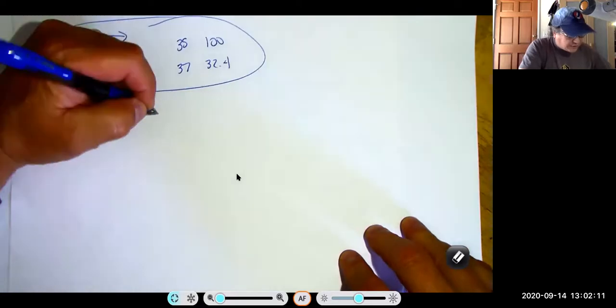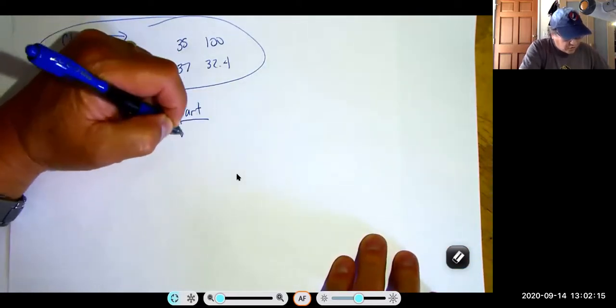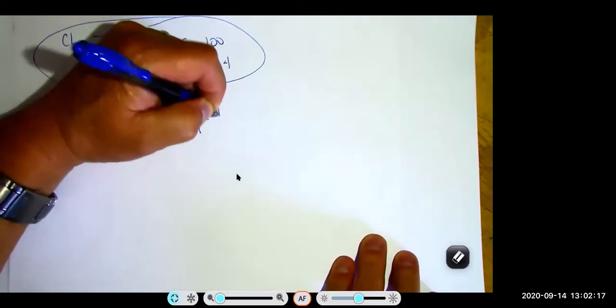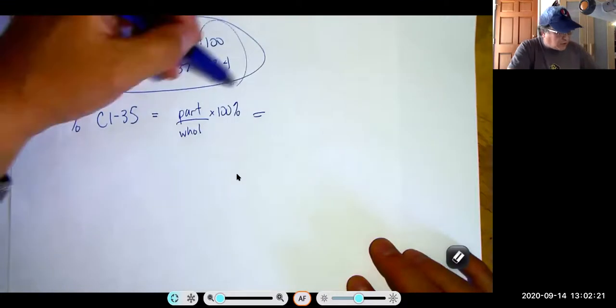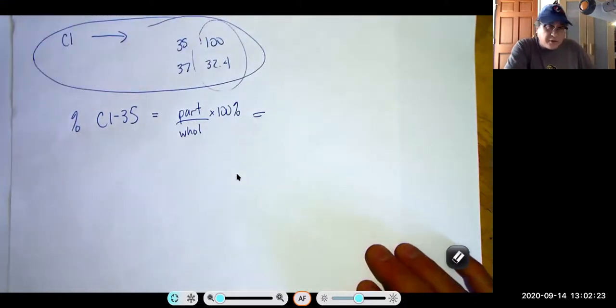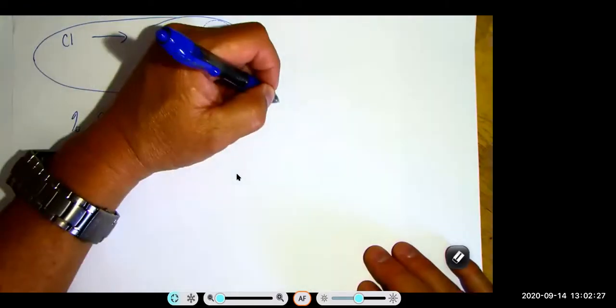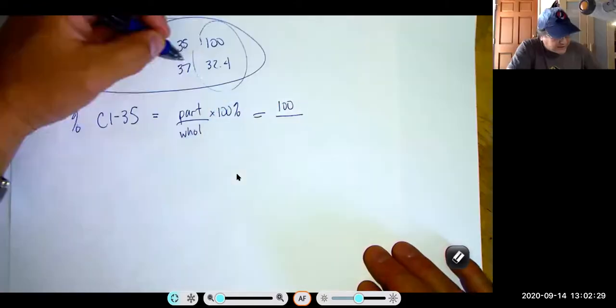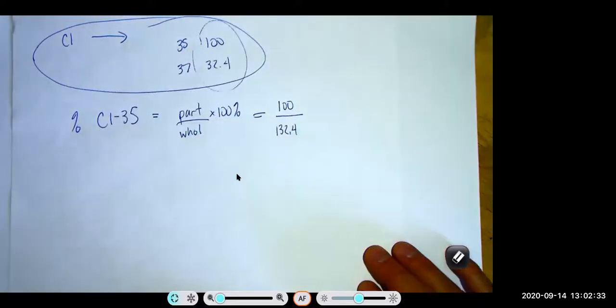How would we calculate the percentage of 35? The percentage of 35 should be part over whole times 100%. So what's the part we want to use for chlorine 35? 100 or 32.4? 100. What's the whole? 132.4.